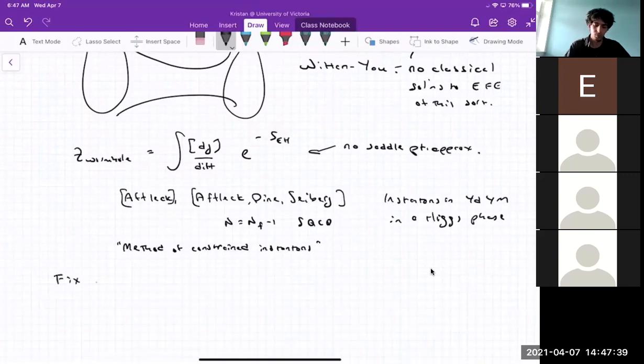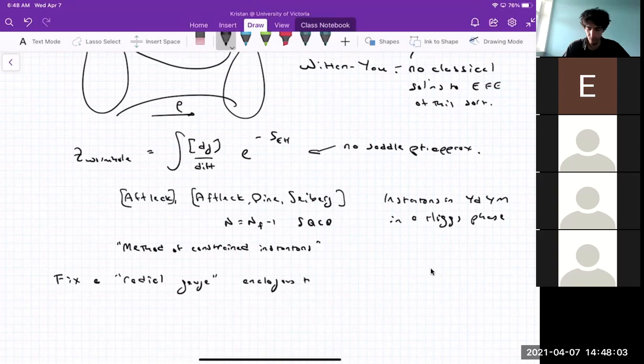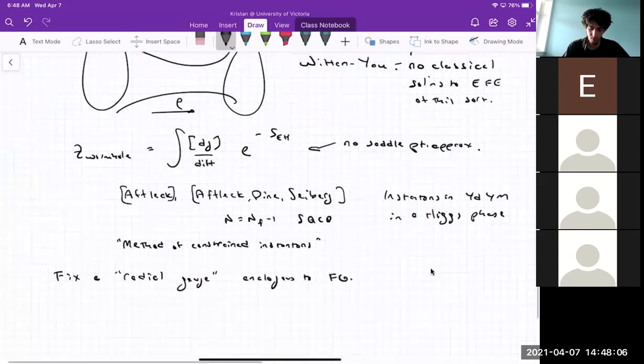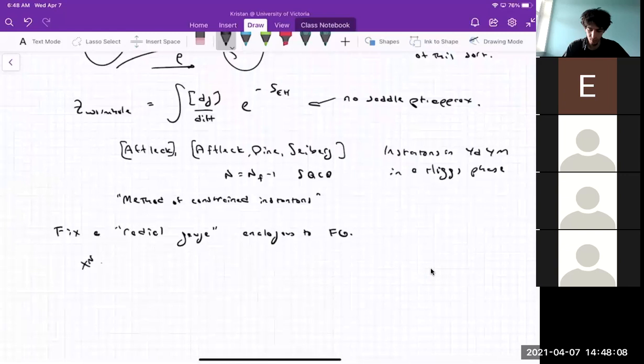But in the context of AdS CFT, this extra direction along the wormhole, well, we can call that rho, we can fix something called the radial gauge, which is analogous to Pfefferman-Graham that you may be used to from working in AdS. What we're going to do is separate the coordinates at hand into a radial coordinate and everything else.